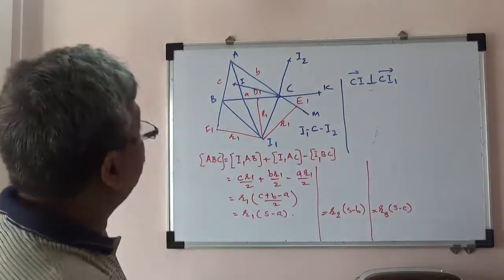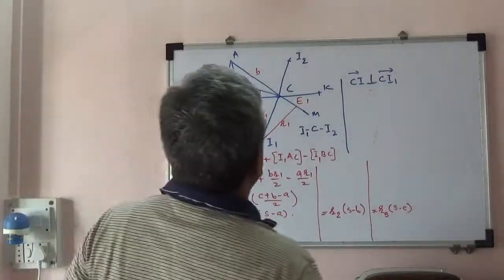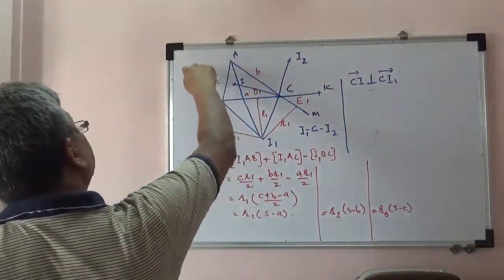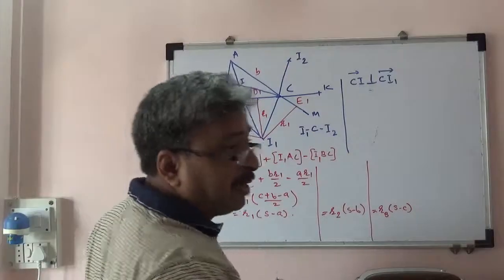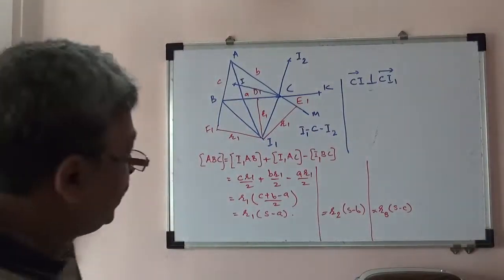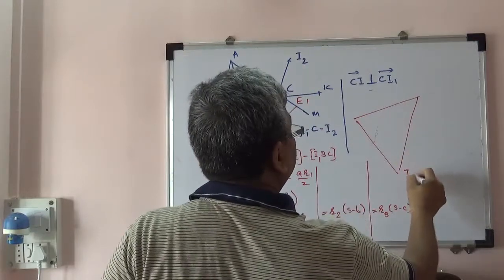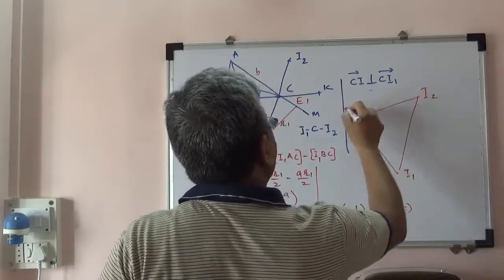And I want you to eventually think that I1C, I2, I2A, I3, I3B and I1 form a triangle I1, I2, I3. So eventually we will have a triangle I1, I2 and I3.